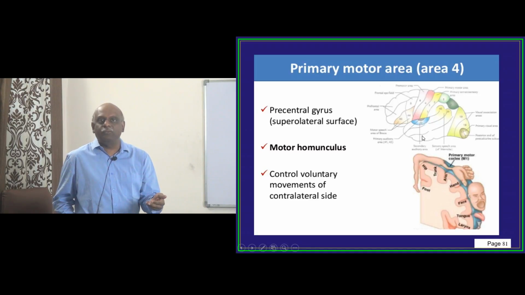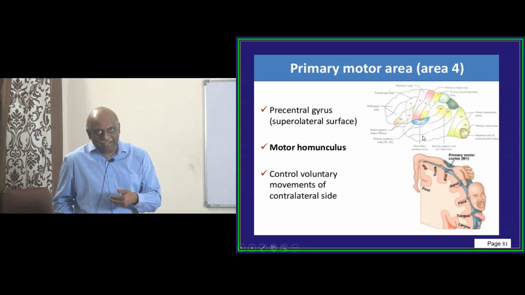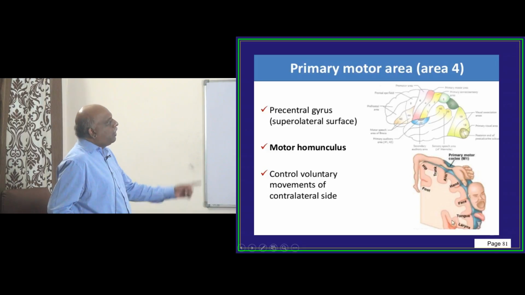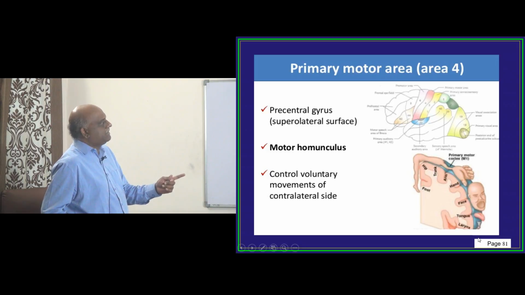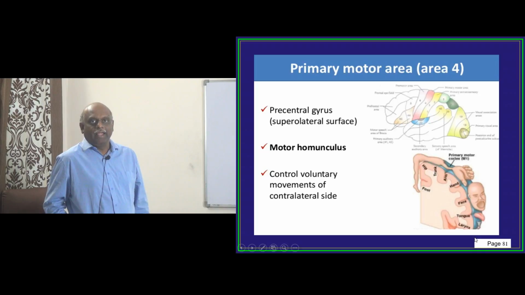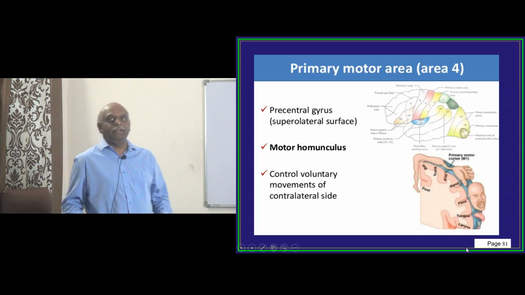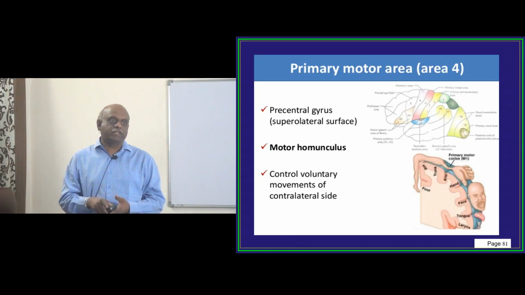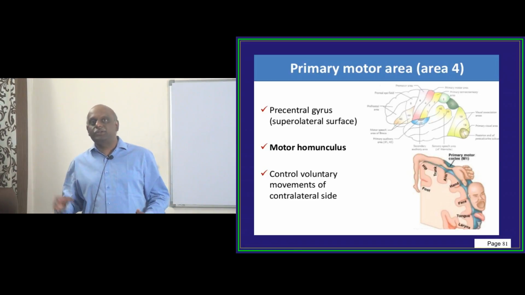So precentral is motor, postcentral is sensory cortex, is what you need to remember. So all your motor homunculus is represented, and it controls the voluntary movements on the contralateral side. So the right motor cortex controls the left, and the left motor cortex controls the right side of the body.